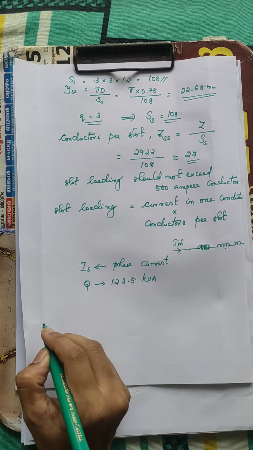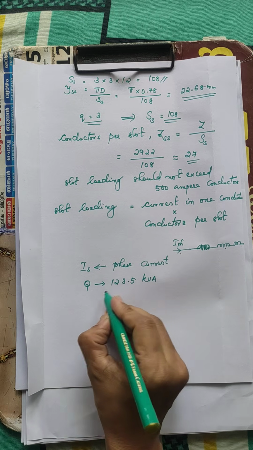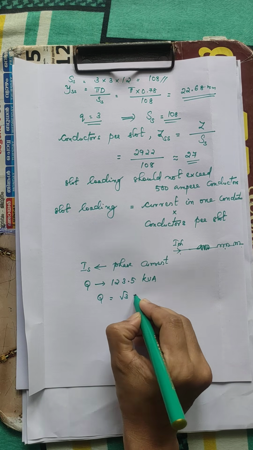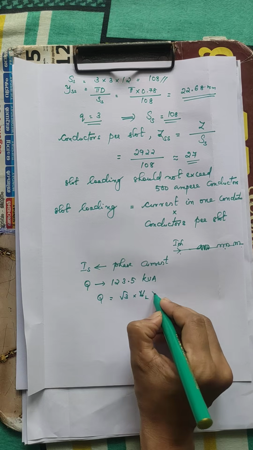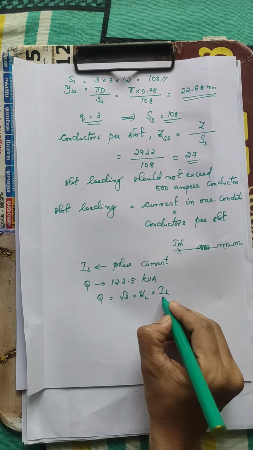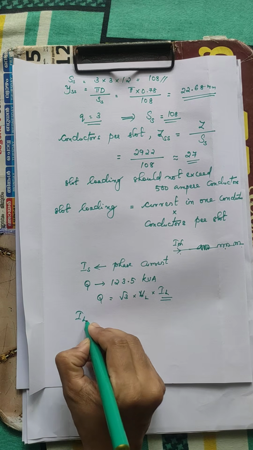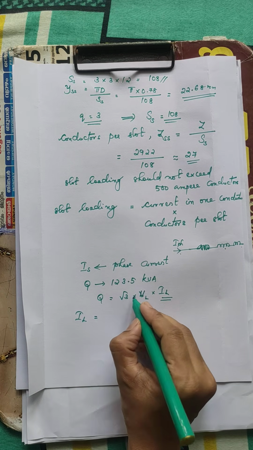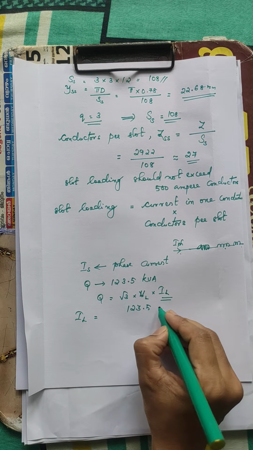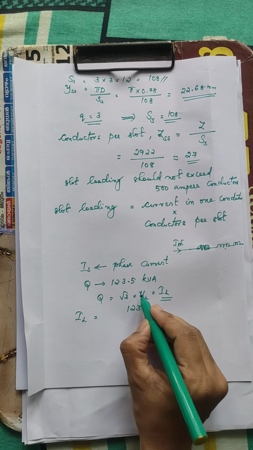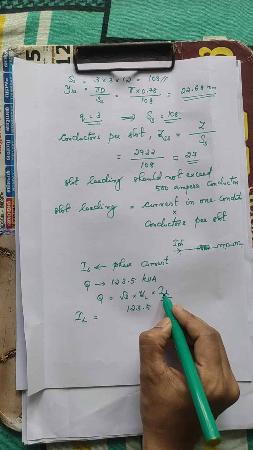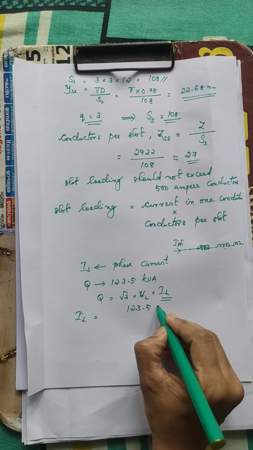Also we know that three-phase power Q is equal to root 3 into VL into IL. So we can calculate the line current IL as Q divided by root 3 VL. Q should be converted to volt ampere, because we are expressing voltage in volt and current in amperes.